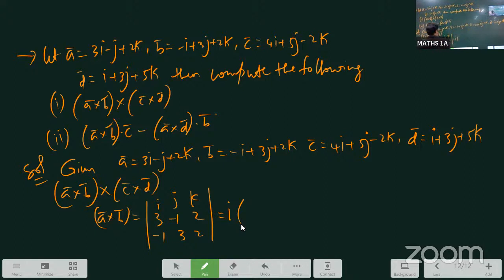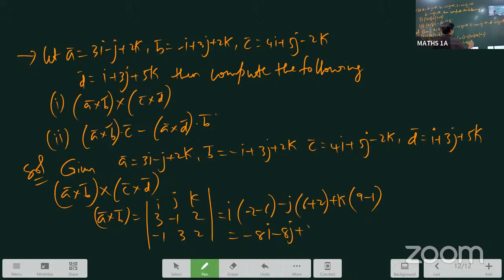Minus i into minus 2 minus 6, minus j into 6 plus 2, plus k into 9 minus 1. That is minus 8i minus 8j plus 8k. This is what I got.